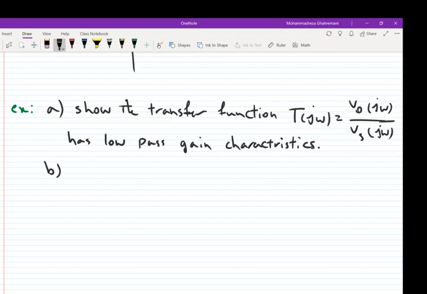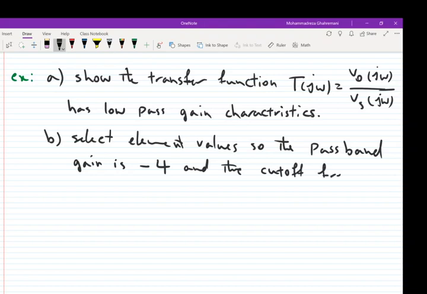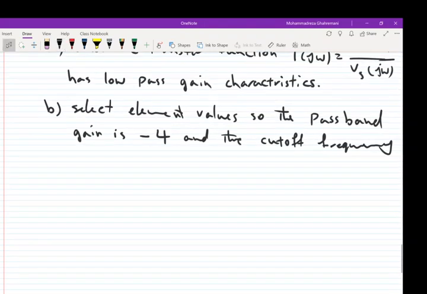Part B, select element values. So the passband gain is -4 and the cutoff frequency omega c is 100 radian per second.